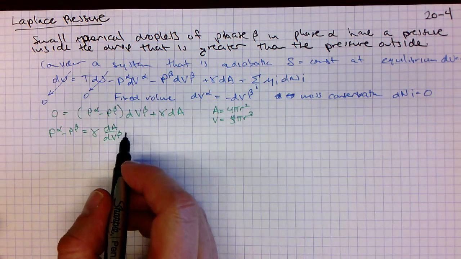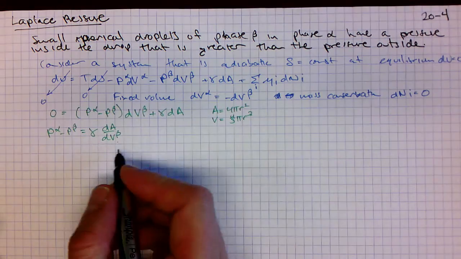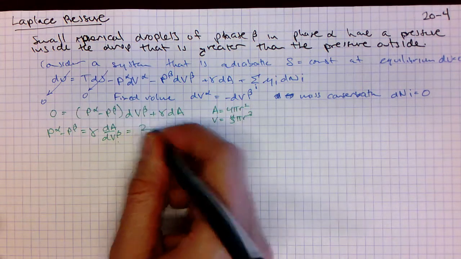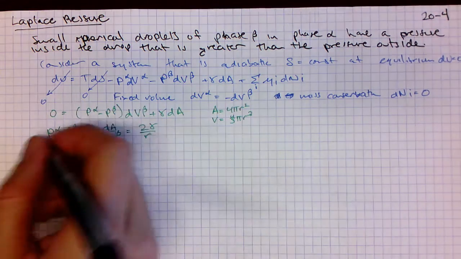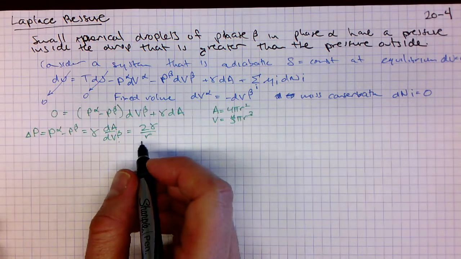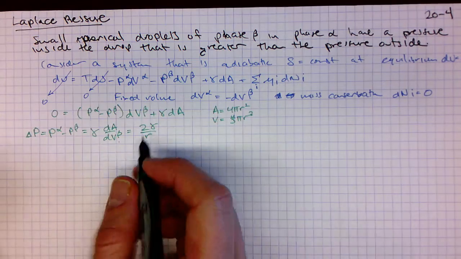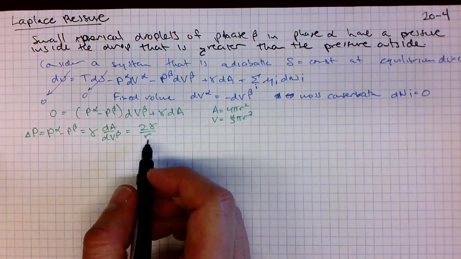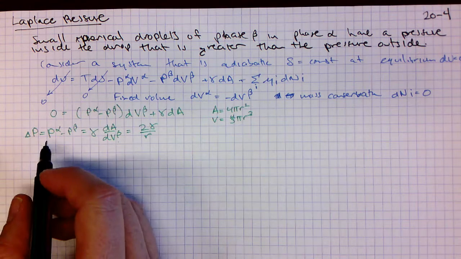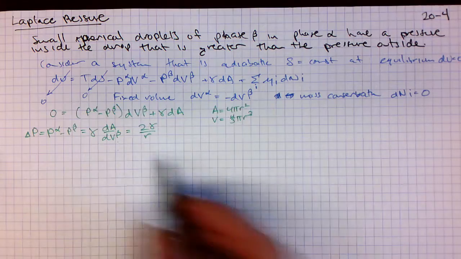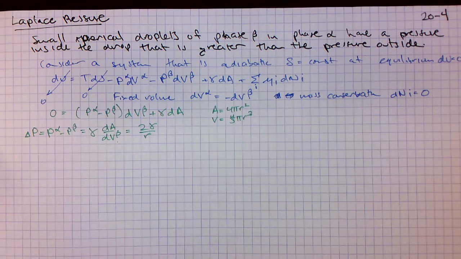And if we take that derivative, which I'll trust that you're able to do, what you get is that delta P is equal to 2 gamma over R. So this is our delta P, 2 gamma over R. And that's known as the Laplace pressure, and we can see it varies with radius. As the radius gets smaller, the difference in pressure between inside the droplet and outside the droplet gets bigger and bigger.